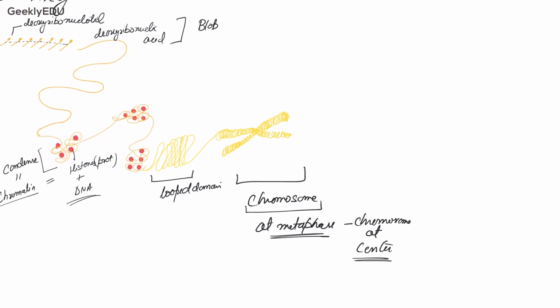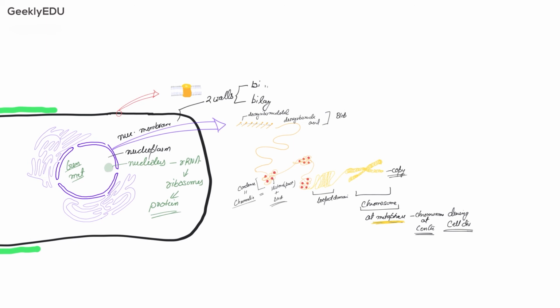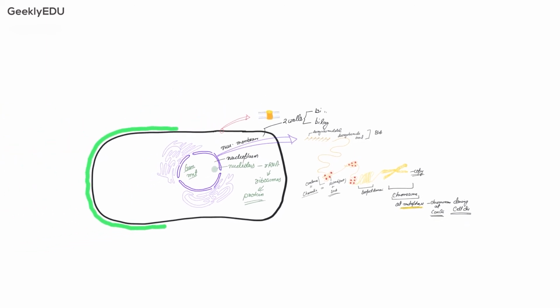Because we said that chromosomes are only visible at metaphase, when the chromosomes are at the center during cell division. And before cell division, you need to make a copy of the DNA because DNA has all the information, right? So that is the whole logic of having that butterfly shaped structure. I hope this makes sense.